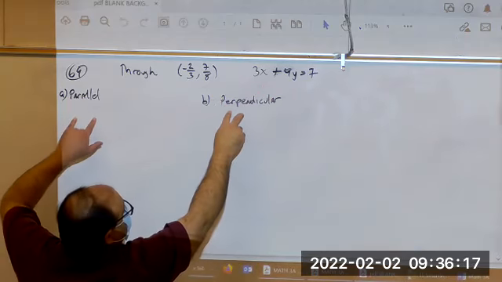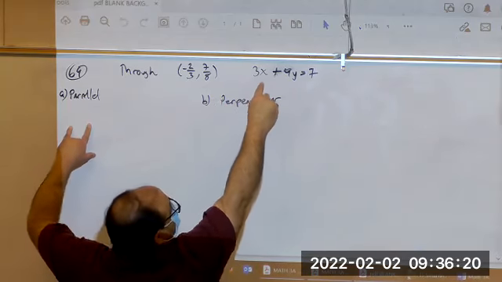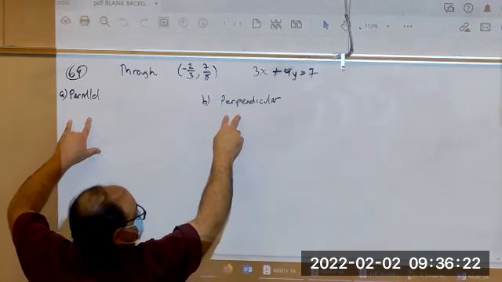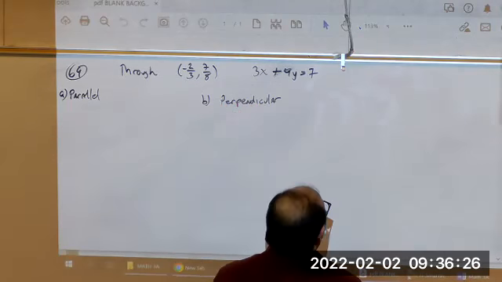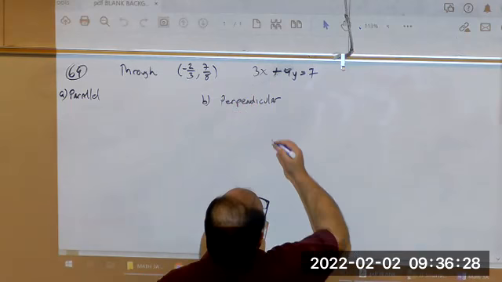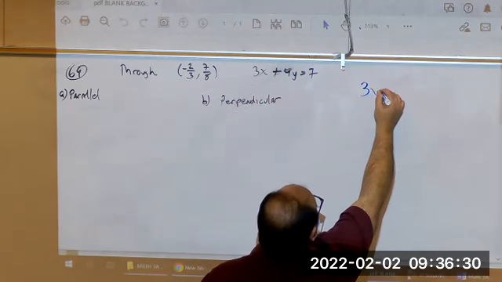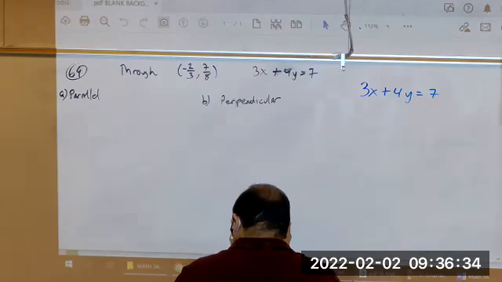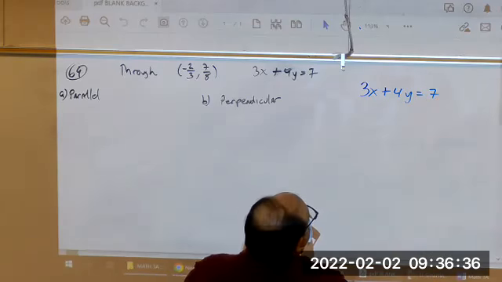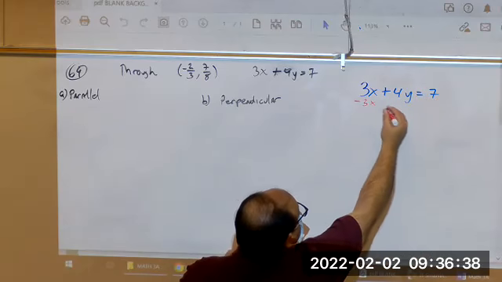So if these two equations rely on that slope to decide what their slopes are going to be, the first thing you better do is find the slope of 3x plus 4y equals 7. Subtract 3x.